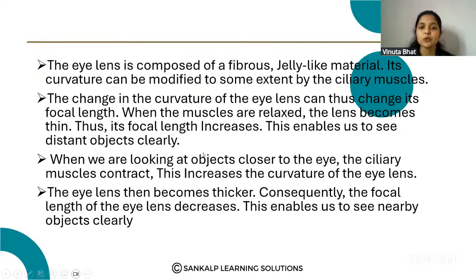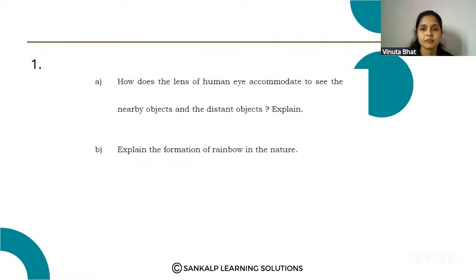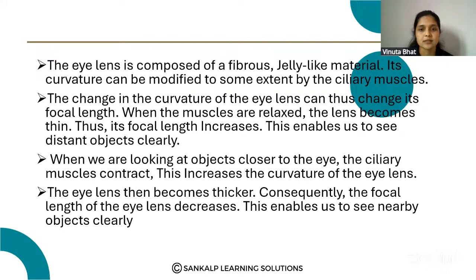Then when we are looking at objects closer to the eye, the ciliary muscles contract. This increases the curvature of the eye lens. The eye lens then becomes thicker, and consequently the focal length of the eye lens decreases. This enables us to see nearby objects clearly. So like this, the eye accommodates to focus the nearby objects and the distant objects.